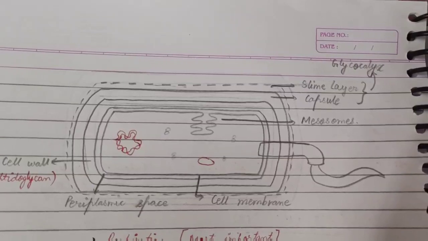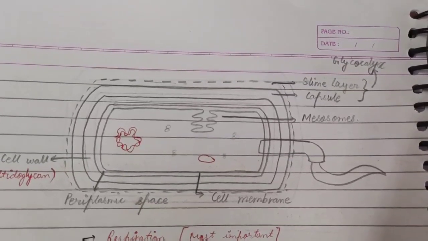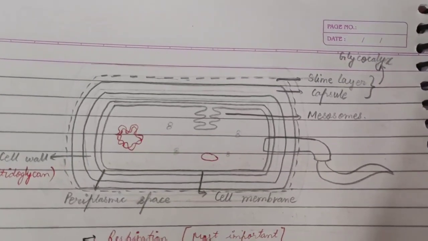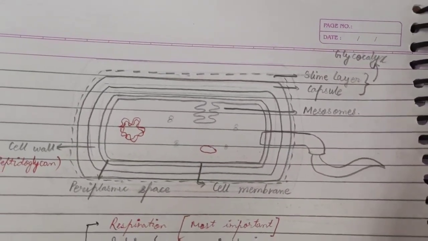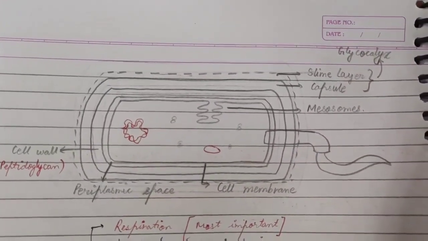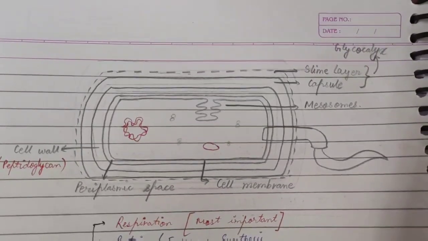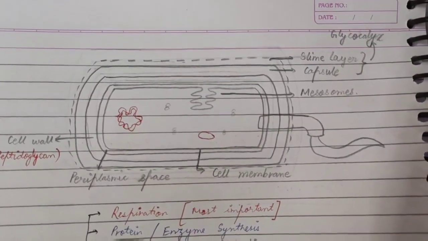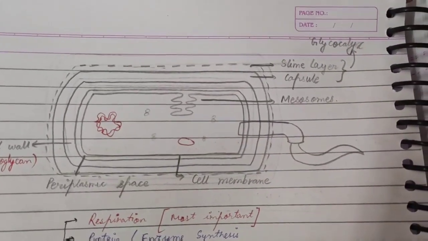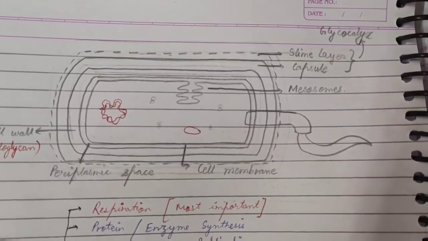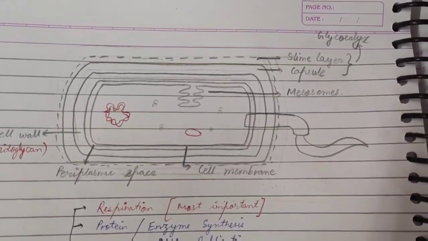The main function of mesosome is respiration, but it also helps in DNA replication, enzyme and protein synthesis, cell division, cell wall material synthesis, etc. The capsule helps the bacterial cell by providing protection, basically from WBCs.